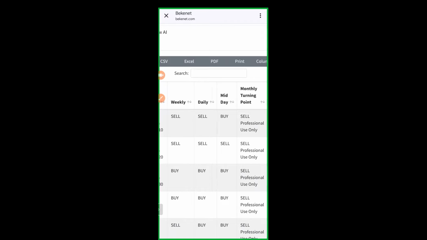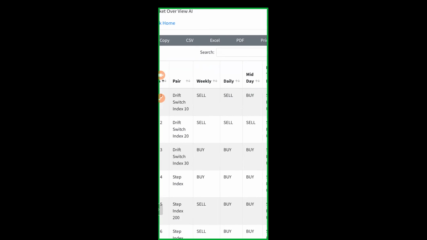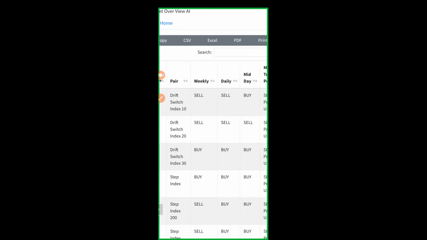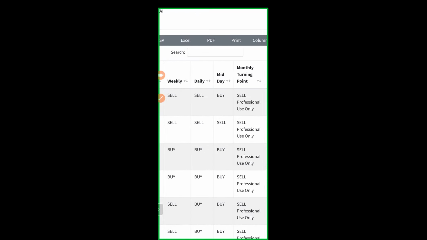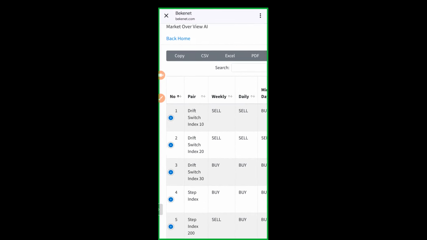I always tell friends, I don't like stress. If I want to trade, I don't trade this drift. I will go for the one that says sell, sell, sell. If it's buy, let all the weekly, the daily, the midday be the same, so there should be alignment. I will go for those ones, and then target my proper entry and enjoy my trade so that I can have good rest.